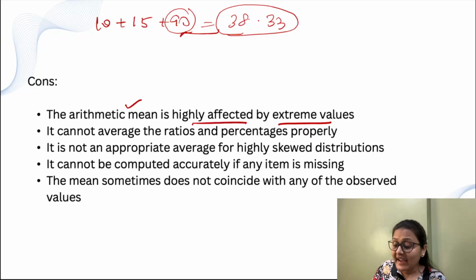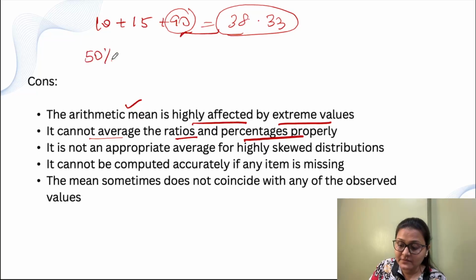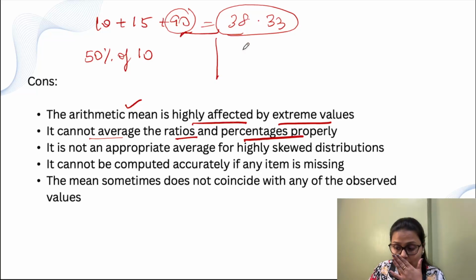Next is, it cannot average the ratios and the percentages properly. Now what is the meaning of that? Mean of percentages or ratios may give misleading results if the base values are completely different. For example, if one equation is 50% of 10 and the next equation is 80% of 100.